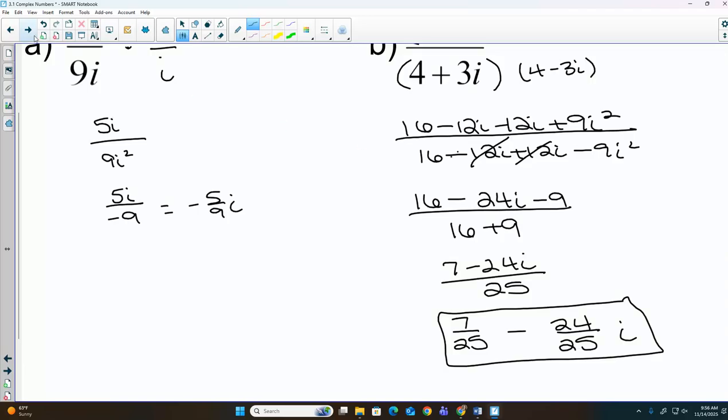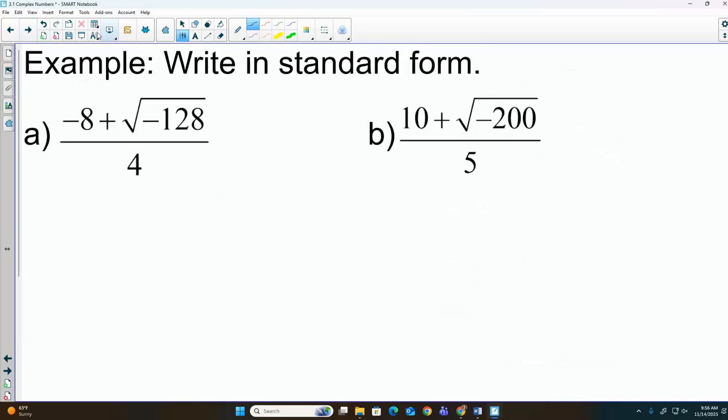Okay. We are going to see these imaginary numbers when we start solving quadratic equations. They come up in the quadratic formula. So I just want to make sure you know how to take an expression like this and write it in a plus bi form. So negative 8 plus the square root of negative 128 over 4.